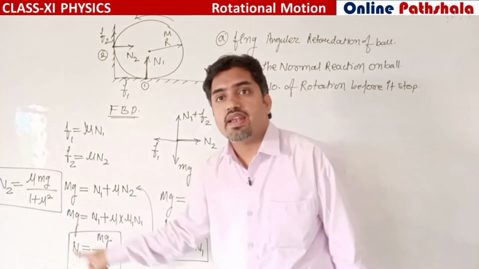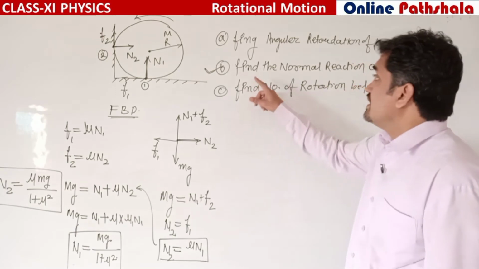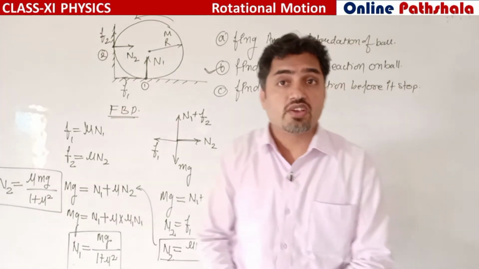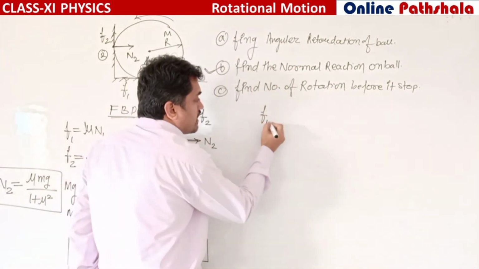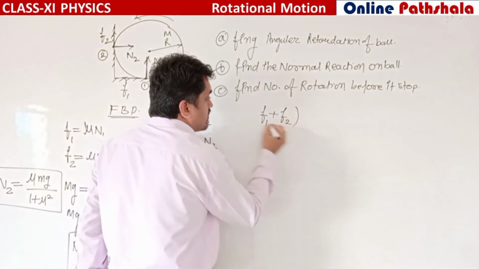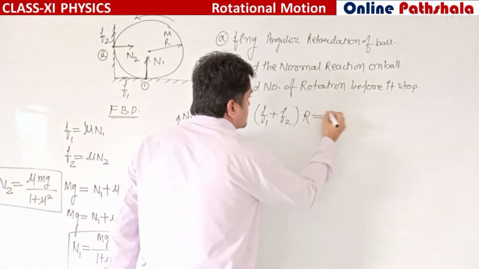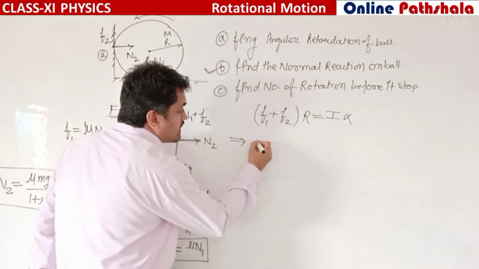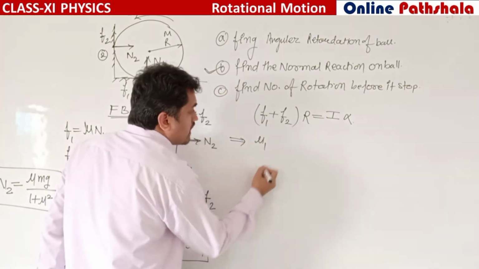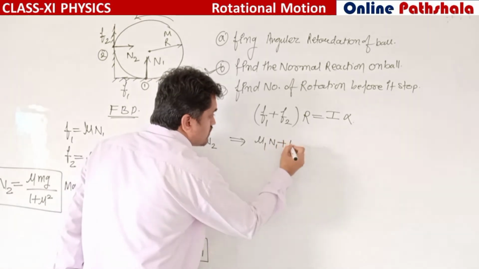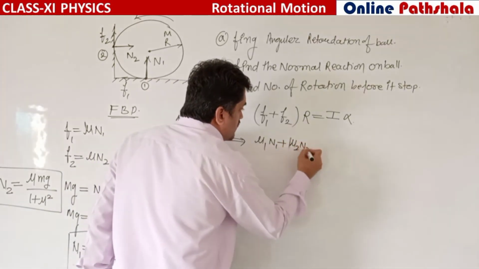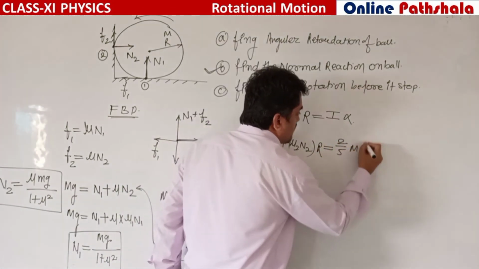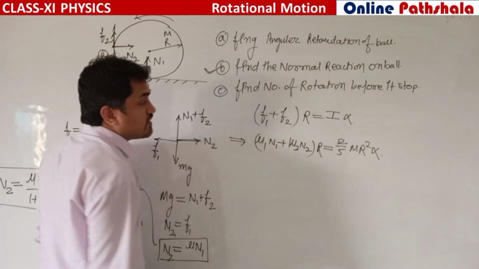Now, to find the angular acceleration of the ball, F1 and F2 both are providing a retarding torque which is equal to I into alpha. So F1 is mu N1 and F2 is mu N2, into radius r, which is equal to 2 by 5 m r square into alpha. From this equation we will find alpha.